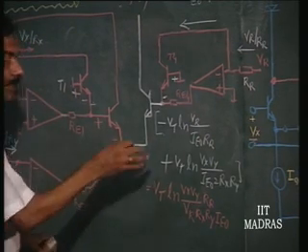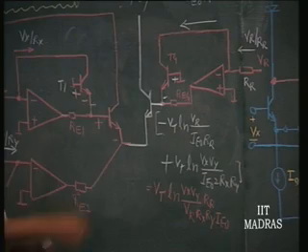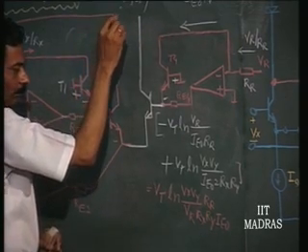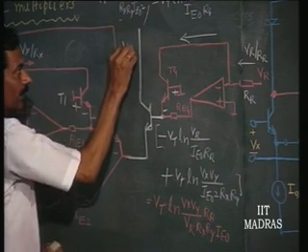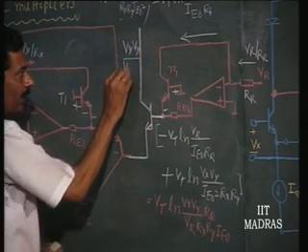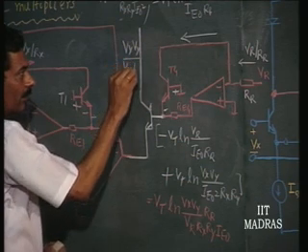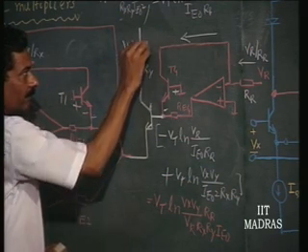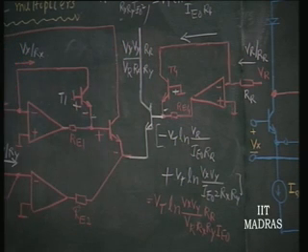So I_E0 exponent this. So we get here the current which is nothing but V_x V_y divided by V_r R_x R_y, that is the current.